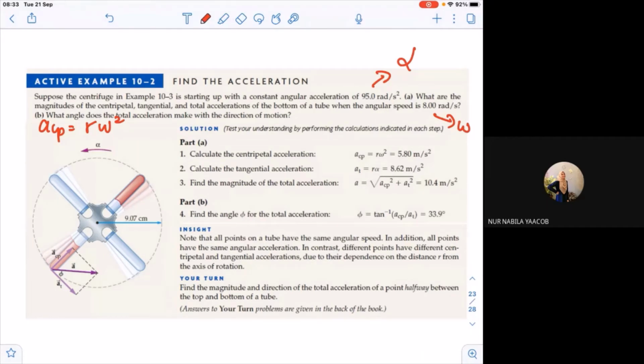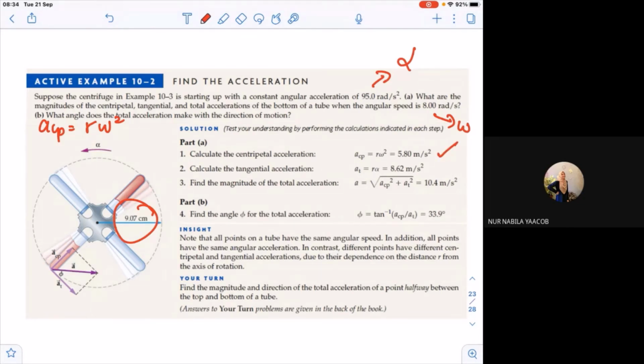So you will get the value, right? The r is also taken from the one that we did just now. The r is 0.0907 meters times your omega squared, and then you will get 5.8 meter per second square.